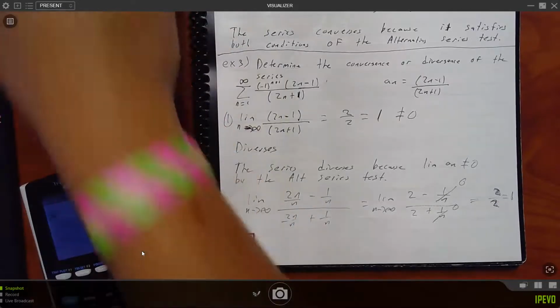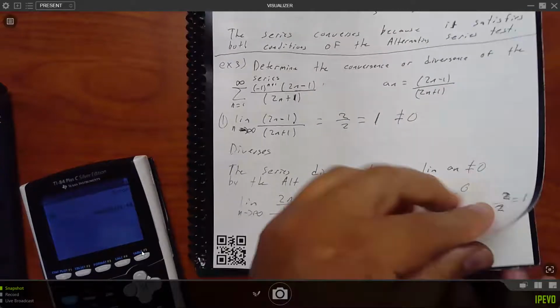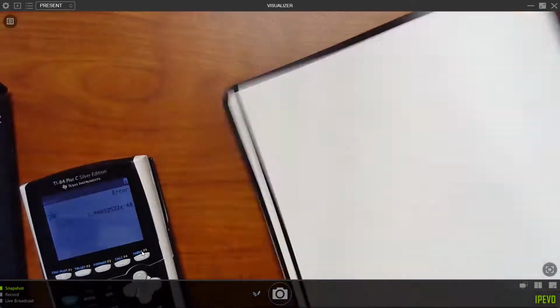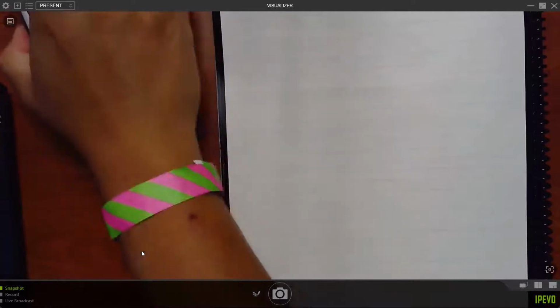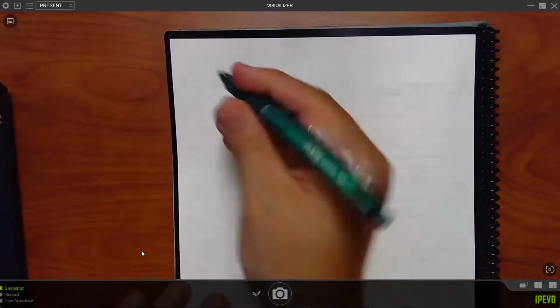You guys good on this page? Let's move on to the absolute convergence theorem. We're going to use this combined with what we just used.